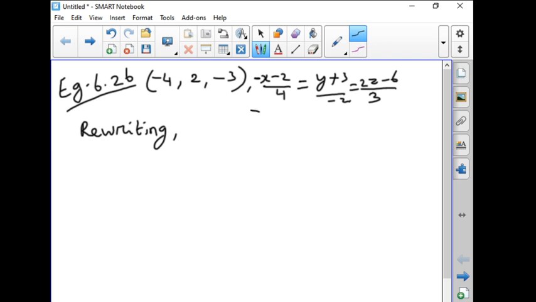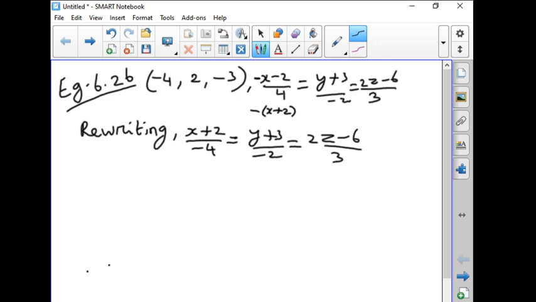Therefore, minus can be taken out. So it becomes x + 2. That minus we should not have in the numerator, so we can take it to the denominator. Therefore, it becomes (x + 2)/(-4) = (y + 3)/(-2) = (2z - 6)/3.